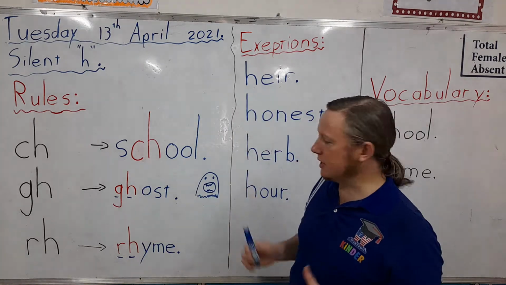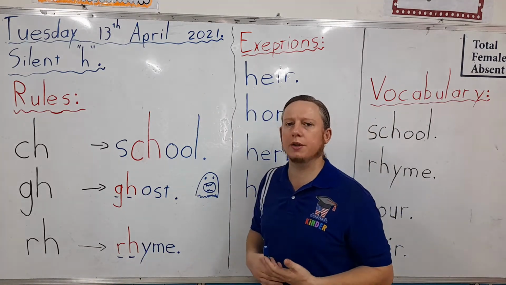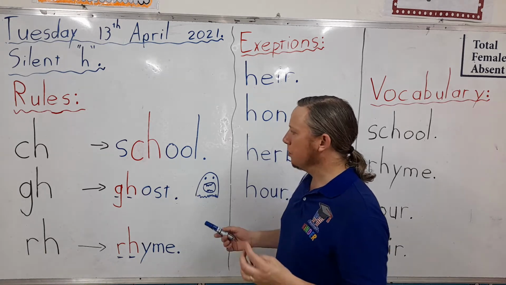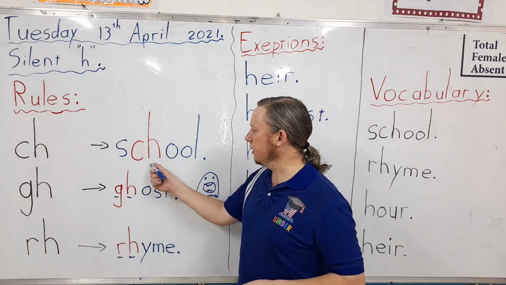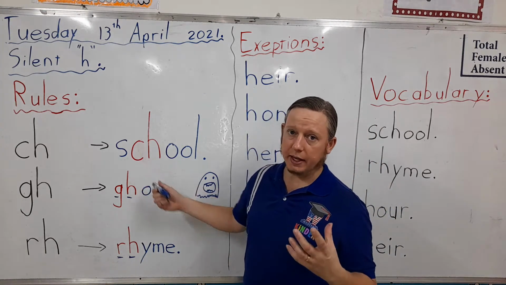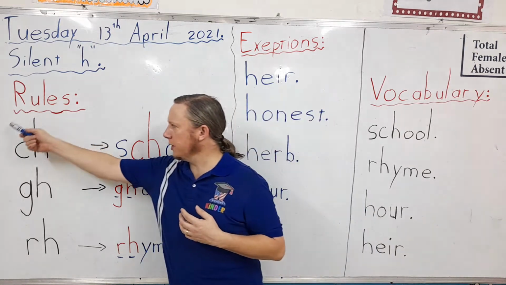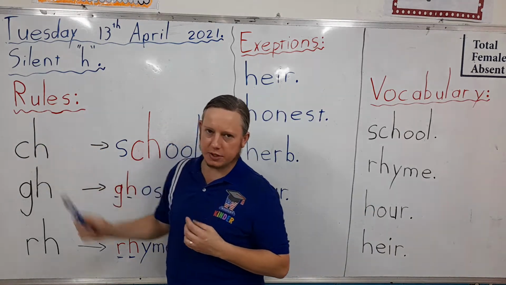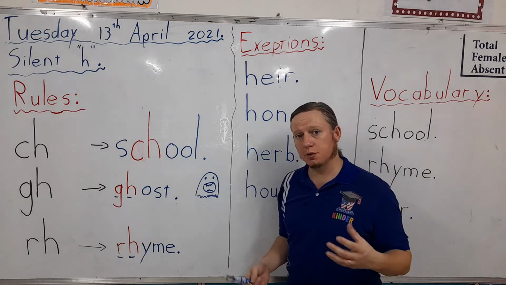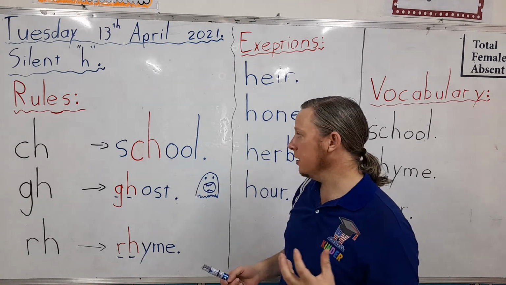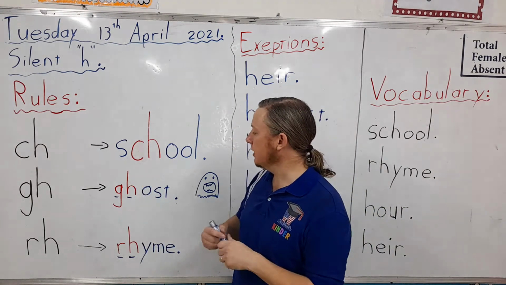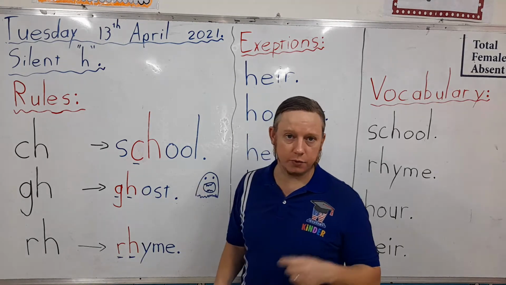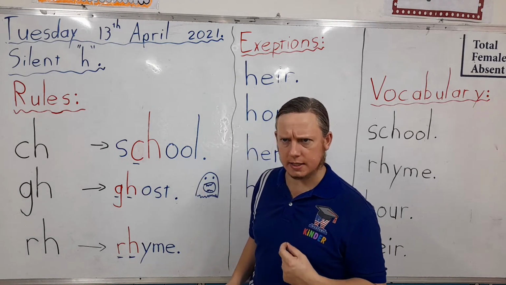We've done letter CH before in K2, so you should know that one already by now. But when we see it in the middle of the word, that is when the H becomes silent. This is the only one that's a little bit tricky, so be careful for CH. Sometimes we make the ch sound, and sometimes we just make the k sound for the letter C. It's a hard C sound.